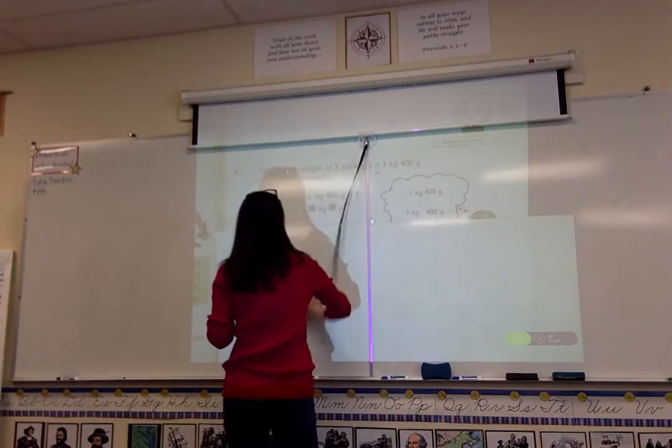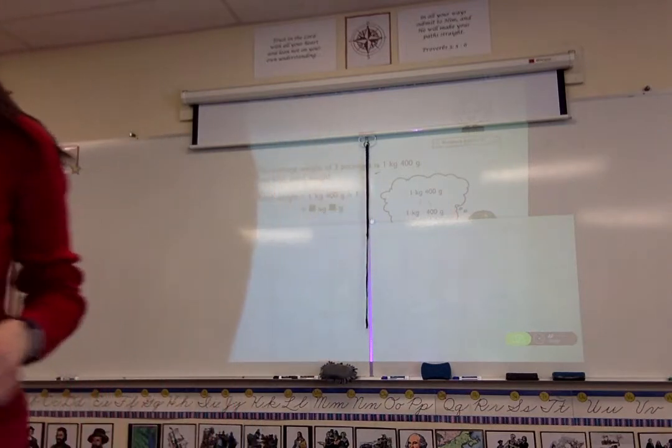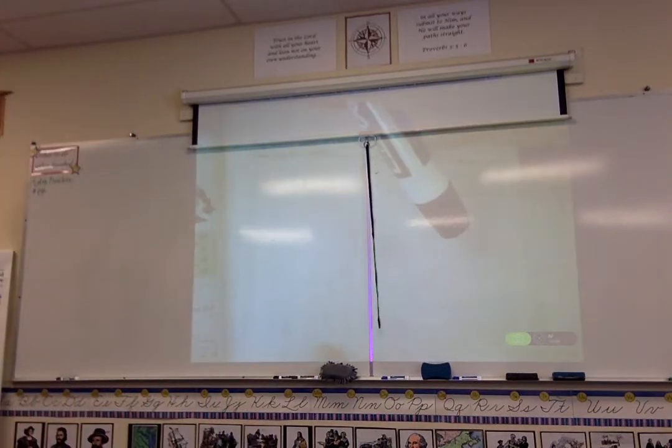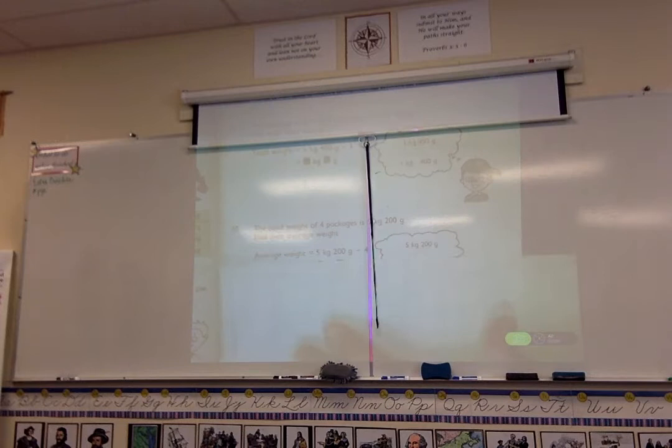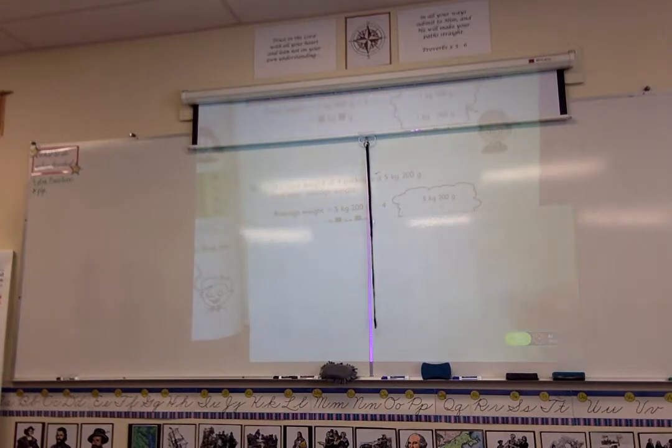So I'm going to go to the next problem in the textbook, which is number 10. All right, let's see what number 10 says. Number 10 is a division problem, and it says the total weight of 4 packages is 5 kilograms, 200 grams. Find their average weight.